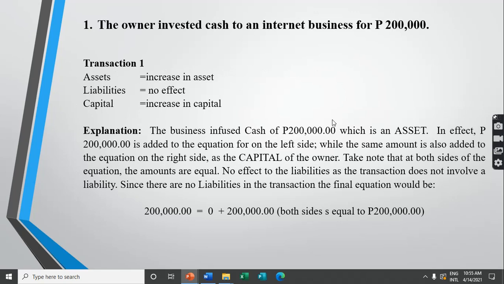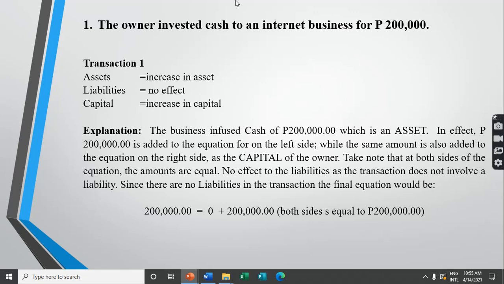Now, let's analyze the transactions we read earlier. Let's go one by one. Number 1, the owner invested cash to an internet business for 200,000. The owner invested cash for his internet business worth 200,000.